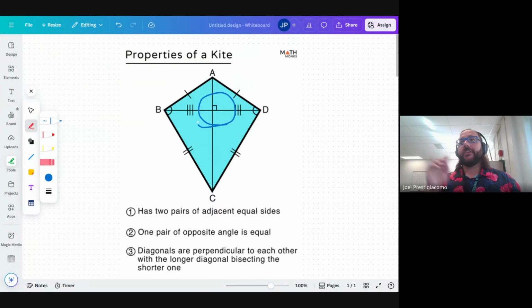Because the diagonals meet at right angles, all of the triangles inside that are a result of that are also going to be right triangles, which means that everything we know about right triangles comes with it, right? So this is an important fact, and we'll see in a problem we do in just a minute that will be the case.